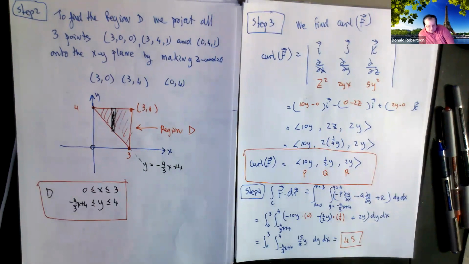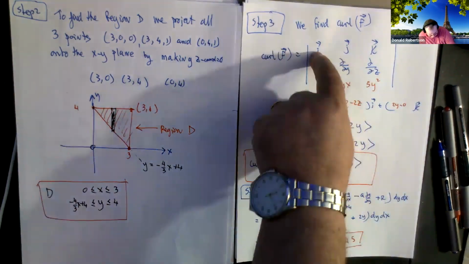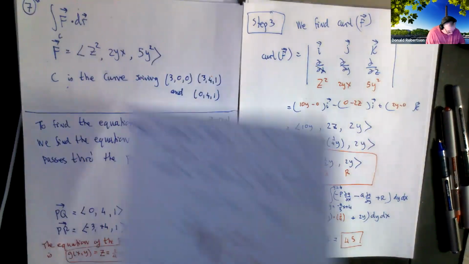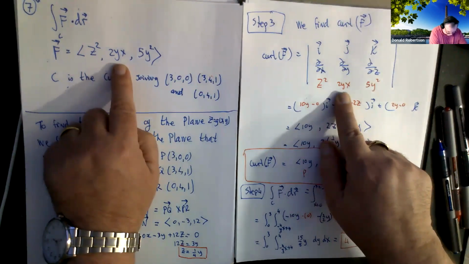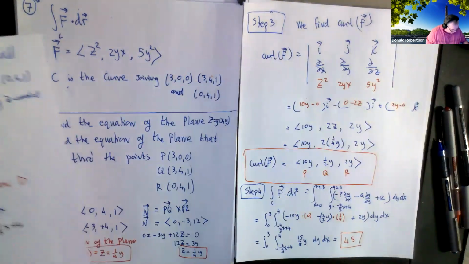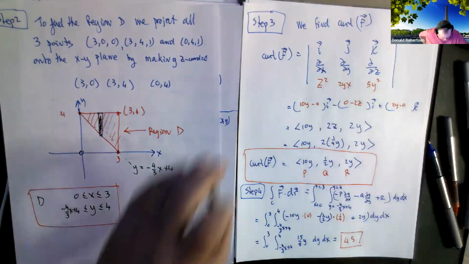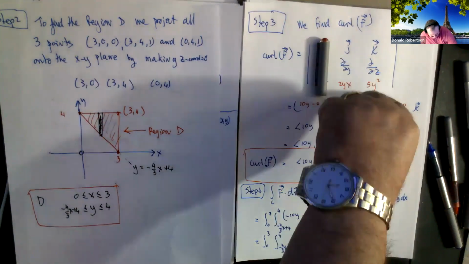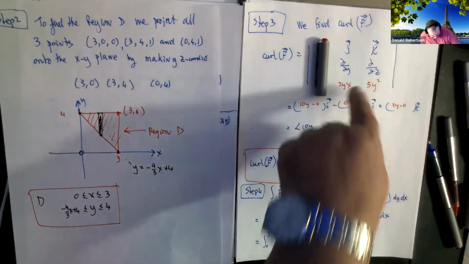Step 3 is we are going to find the curl of F. So i, j, k, the operators, and move this out of the way. Z squared, 2yx, 5y squared. If I cover this up, you get the derivative of this with respect to y, 10y, take away nothing.